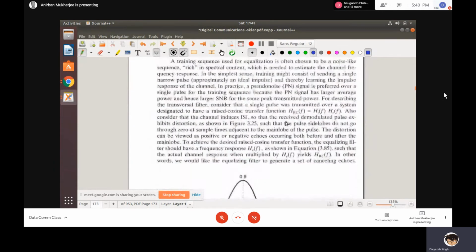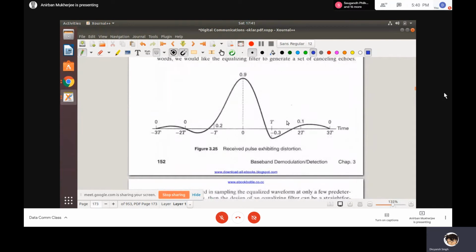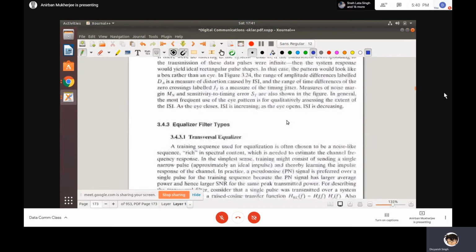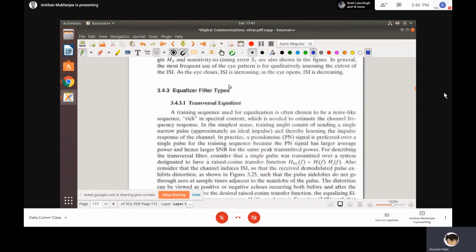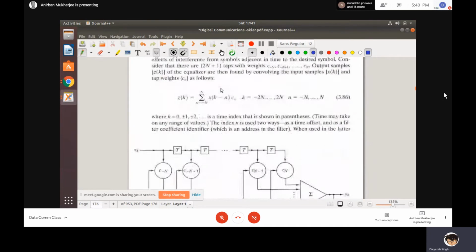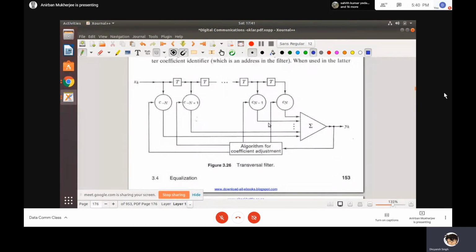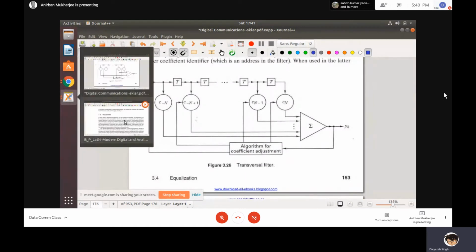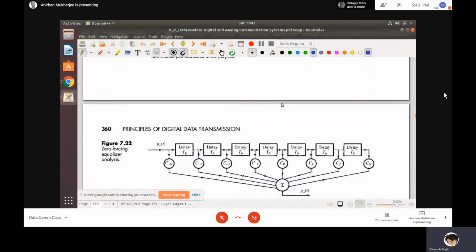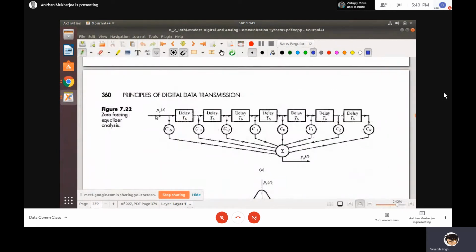Now for this equalizer, I have to design an equalizer filter. The first one: the filter is some sort of a transversal structure. Transversal structure means, if you remember we studied this, say this type of characteristics, or rather if I take the other picture, something like that.